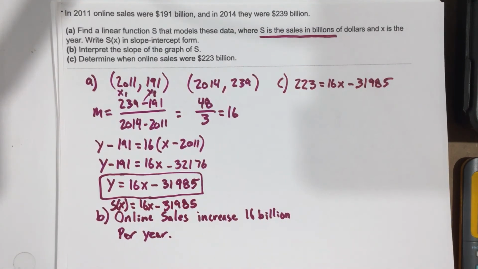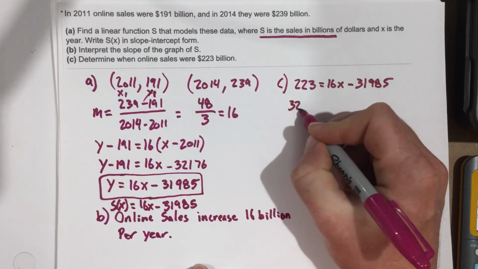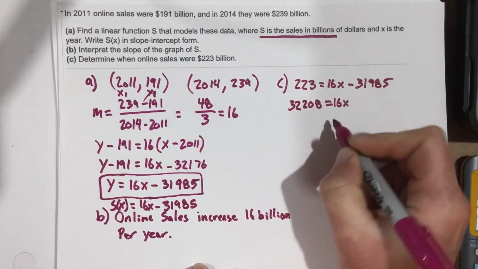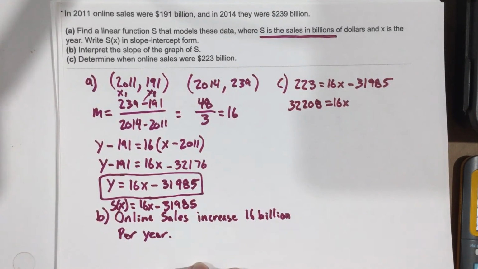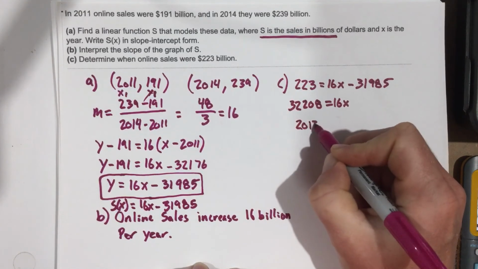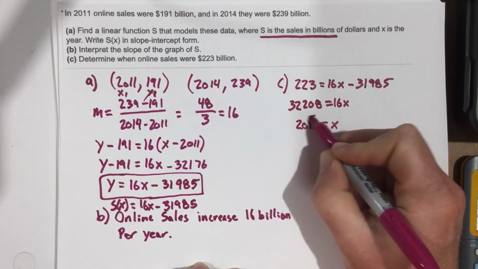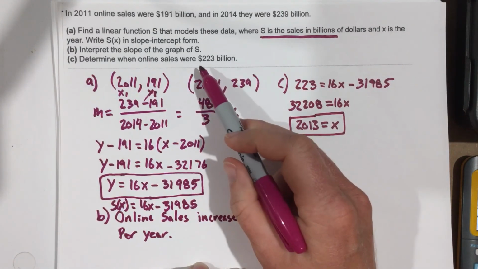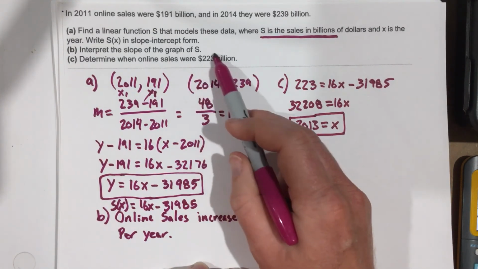So let's see, 31,985 plus 223 gives you 32,208 equals 16x. Let's divide by 16 then. And it gives you 2013 is x. So in the year 2013, that's when the sales were 223 billion.